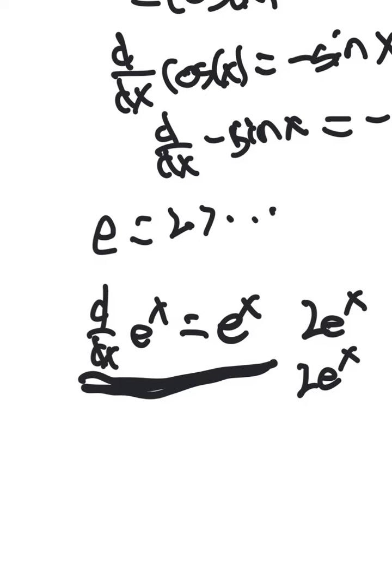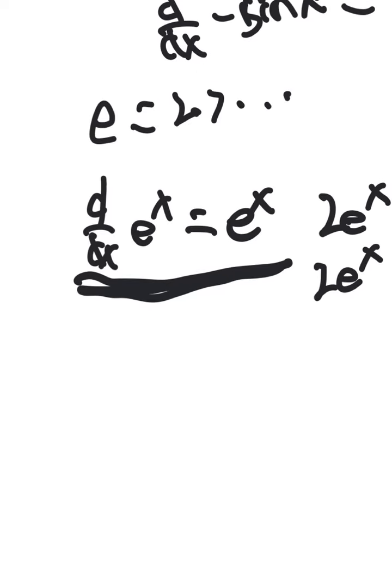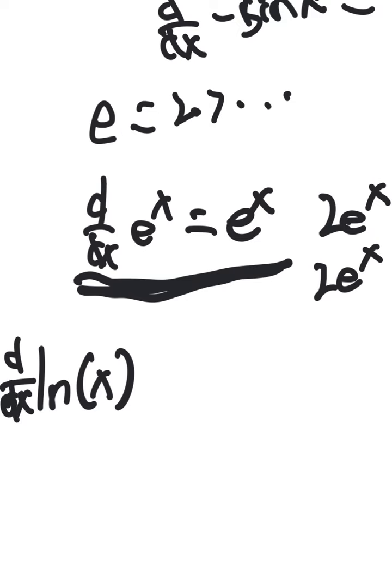Same thing. And then the last special derivative is the derivative of ln of x, which is sort of related to e to the x. So the derivative of ln of x equals 1 over x. It's helpful just to memorize these.